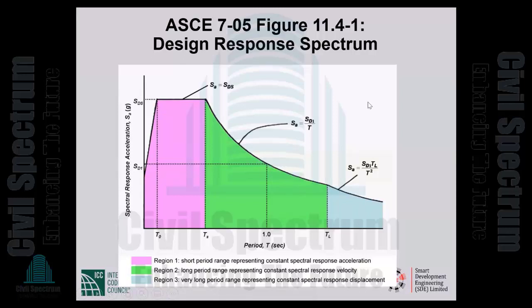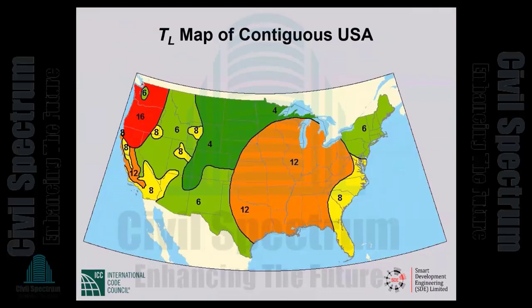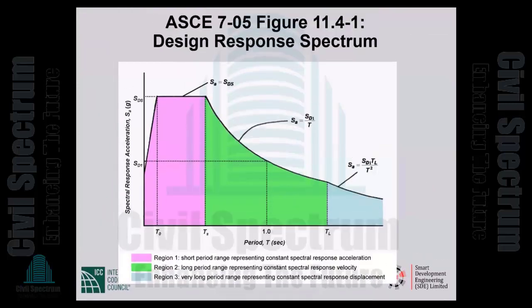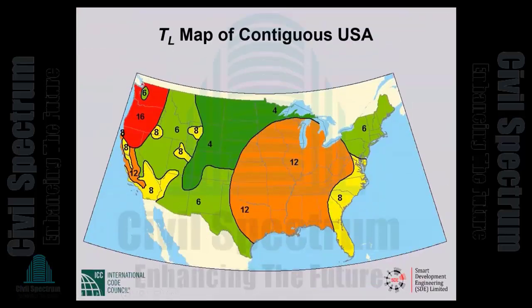Also, now we know that the spectrum corresponds to the design earthquake, 2/3 of the maximum considered earthquake. The only quantity other than S sub DS and S sub D1 that we need to know in order to define all three branches is T sub L, the long period transition period. For the United States, it is plotted, and you see that the values range between 4 and 16 seconds.